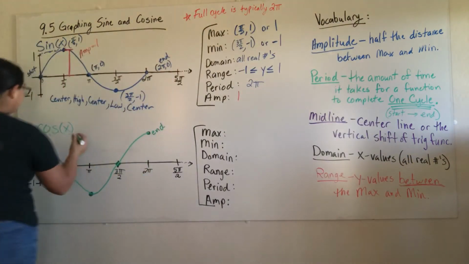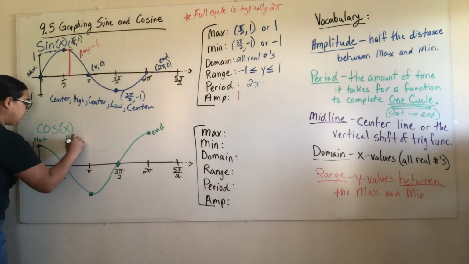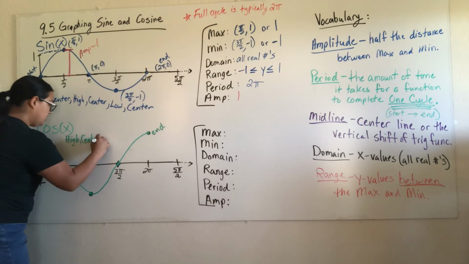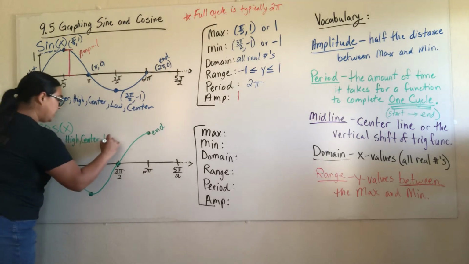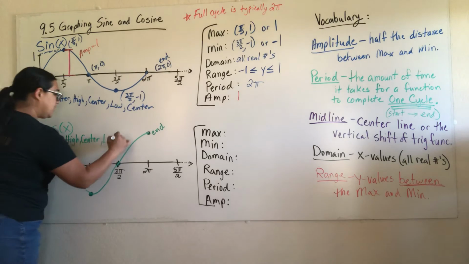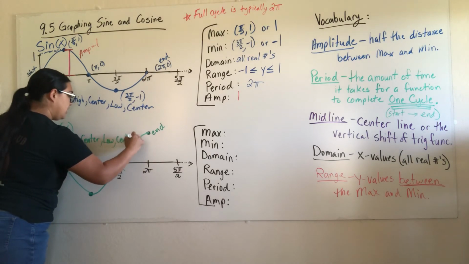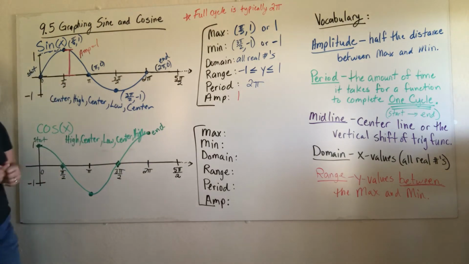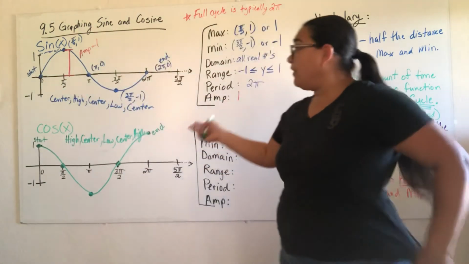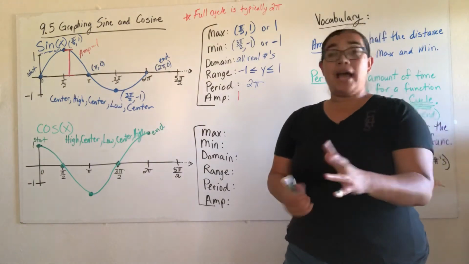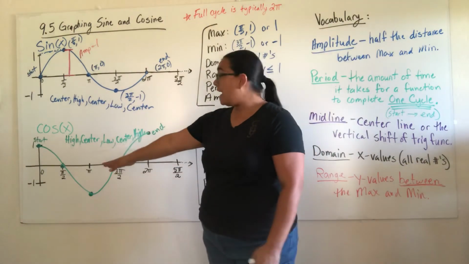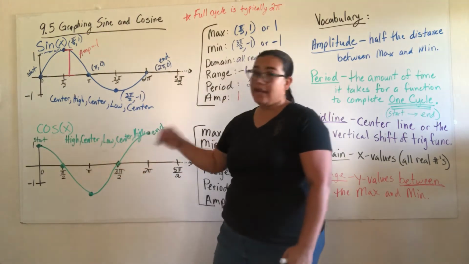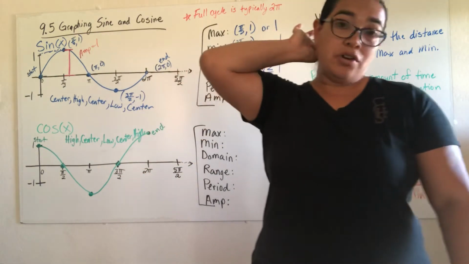So if we're doing patterns for this, it starts high, then goes to center, then the third point is a low point, back to center, and then it ends on a high. Okay, so take a look at that pattern. Different from the other one. A lot of same words, but again, pattern. Okay, cosine graph has high, center, low, center, high. So those are your patterns for a cosine graph.